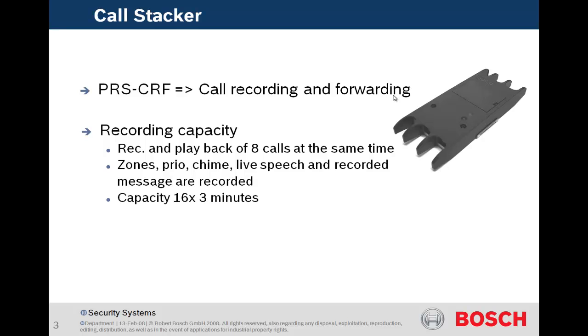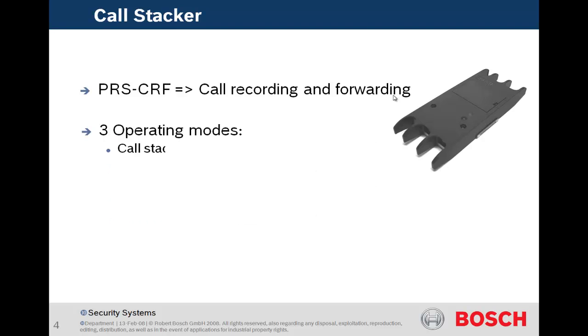So very powerful little unit we've got here. And that's going to record the priority, the zones, the chime, the live speech, and any recorded messages that should play. So basically everything other than BGM is going to be recorded and automatically played back as available from the call stacker itself. 3 operating modes are available.